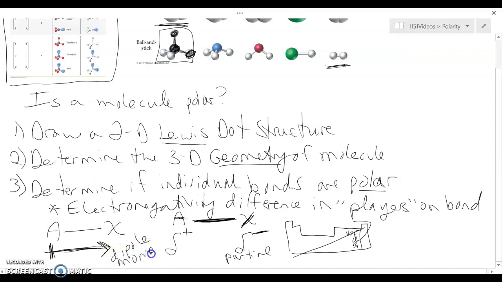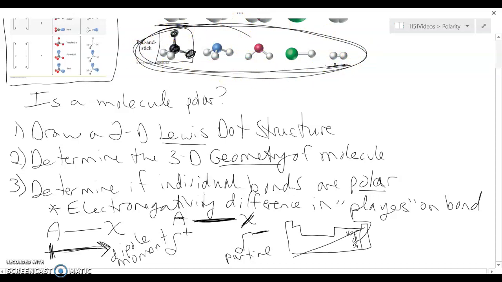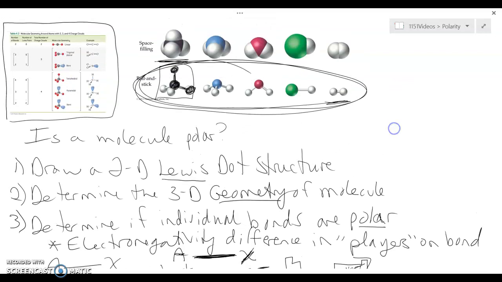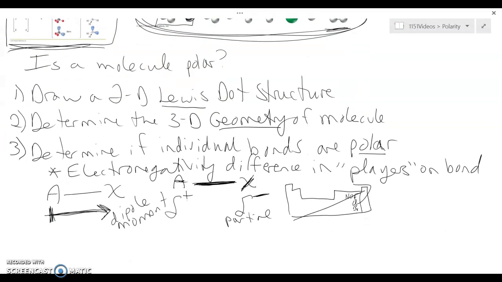You would write that arrow, okay? You need to visualize that these arrows are adding up in the three-dimensional world, whether you're thinking ball and stick model or the space fill model, or if you actually like the images from table 4.3 in the textbook.